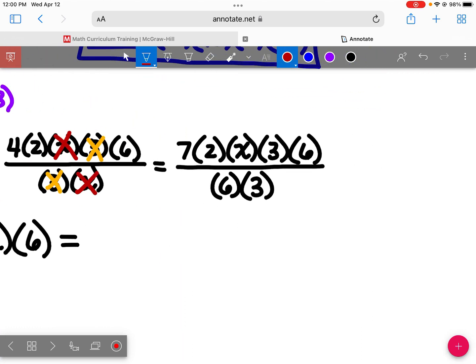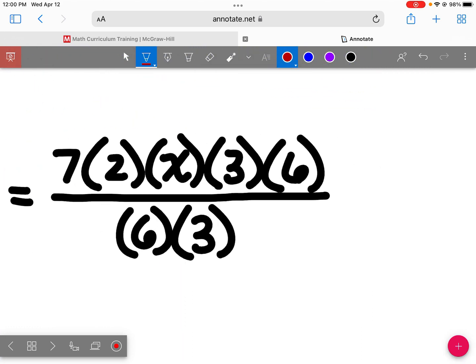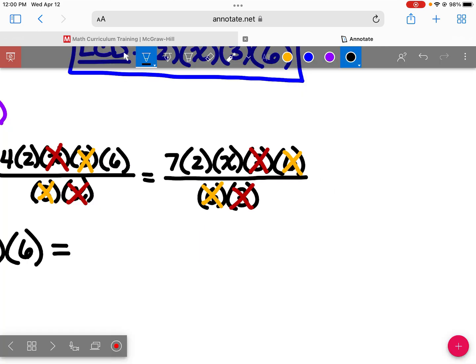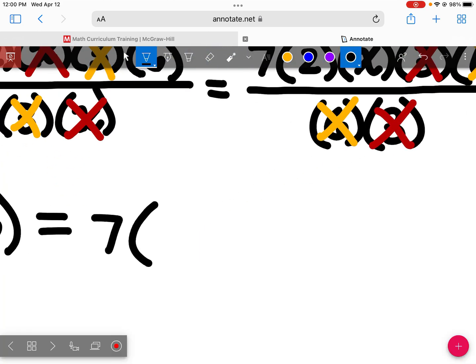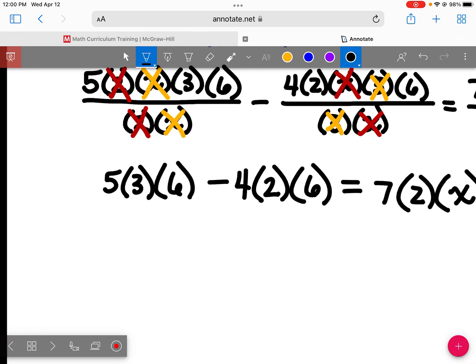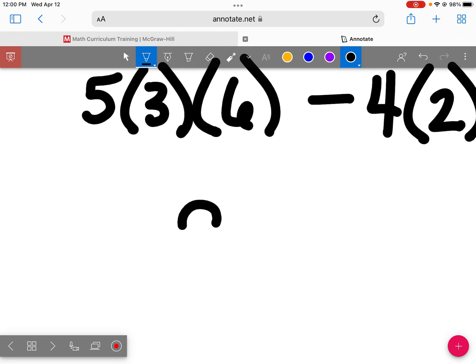Are there any factors that are going to cancel in my last fraction? Which factors? 6 and 3. 3's cancel, 6's cancel. Which leaves me with what? 7 times 2 times x. All right, let's simplify this. At the front here, grab your calculators because this is too big for me to do in my head. 5 times 3 times 6. 5 times 3 is 15.